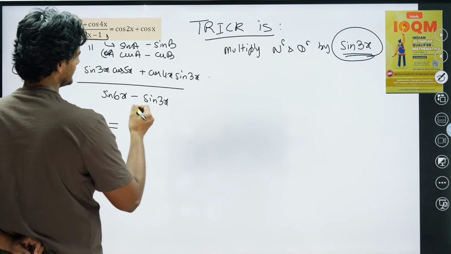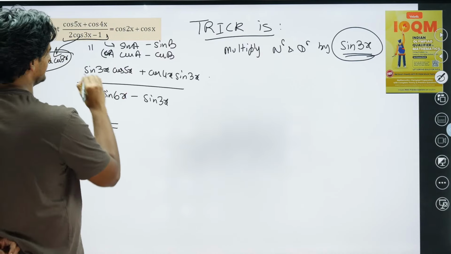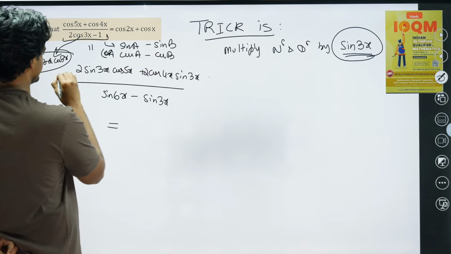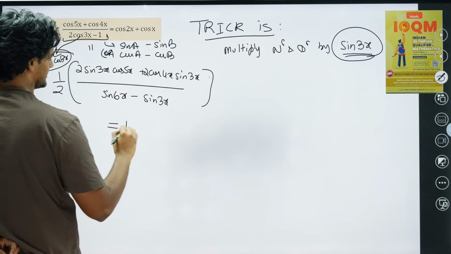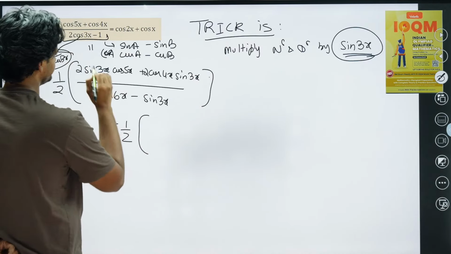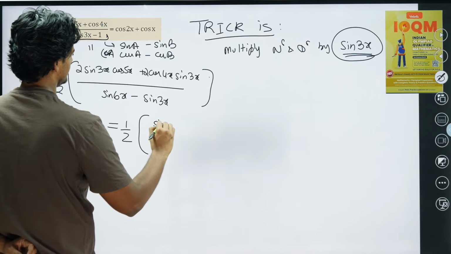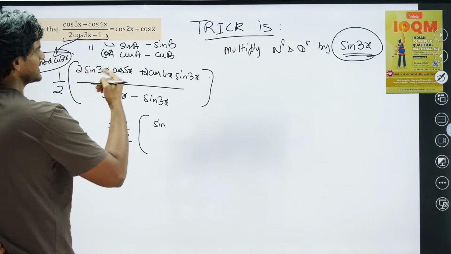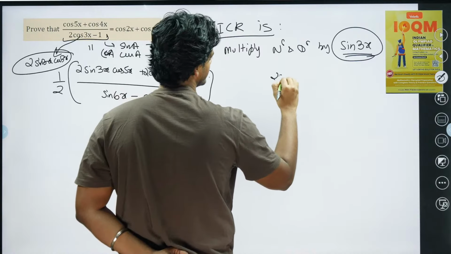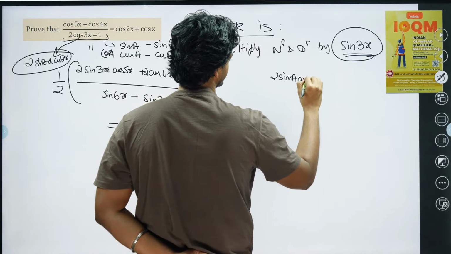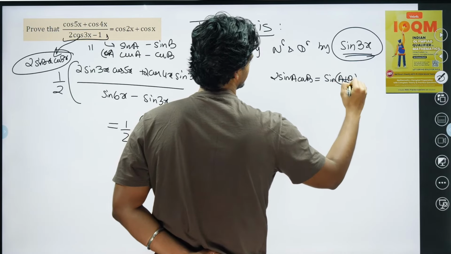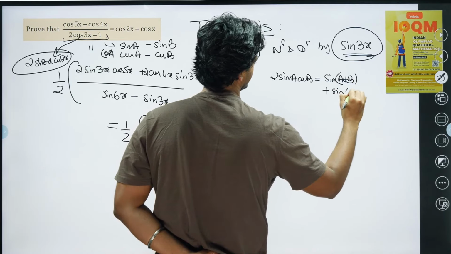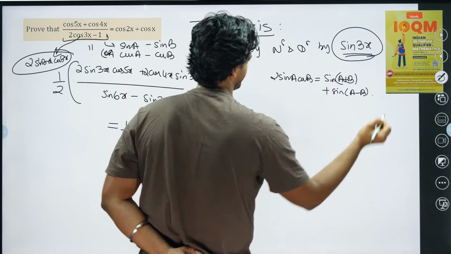So the denominator is simple. The numerator, I have to multiply by 2, I think, so I'll have 1 by 2 outside. This becomes 1 by 2 of 2 sin A cos B, which is sin (A plus B) plus sin (A minus B).